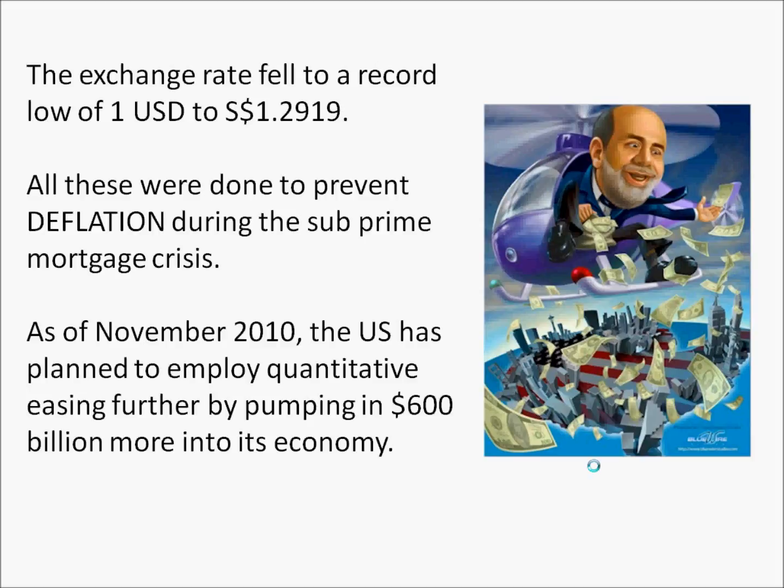If I'm not wrong, it should be 2009. All this was done to prevent deflation during the subprime mortgage crisis, which affected the global economy quite badly, and so drastic measures had to be taken.